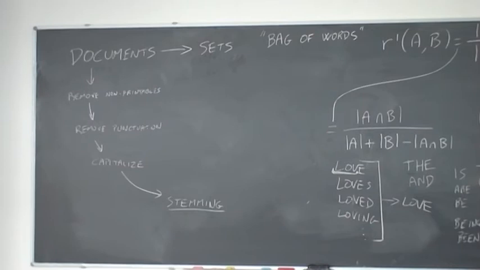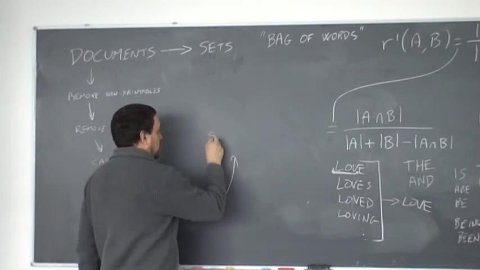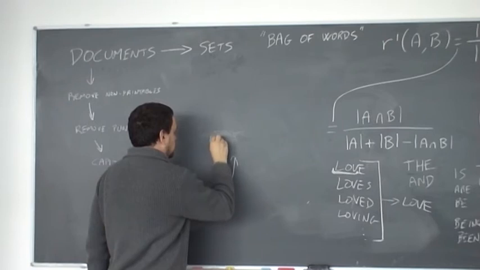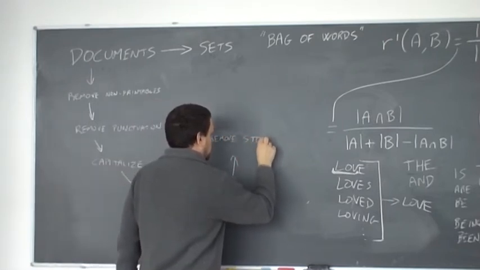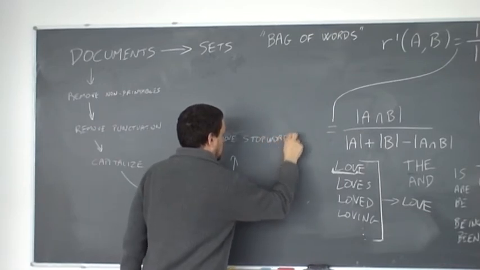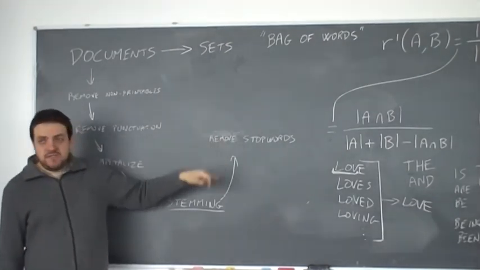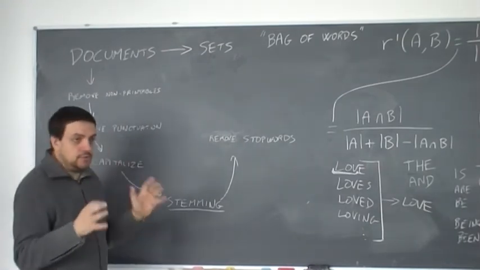They don't add any information about the document. And this is bad. We want to remove them. So, next step: remove stop words. Words that are too common to consider. After we have done this, we have a proper set of words that represent our document.